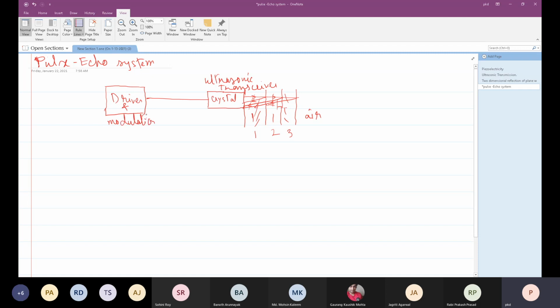This is pulse modulation we can do for the pulse echo system, and this is the pulse width.